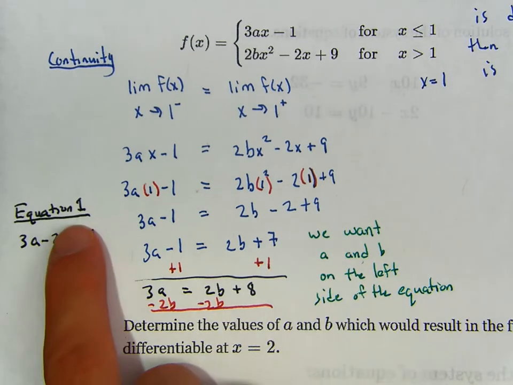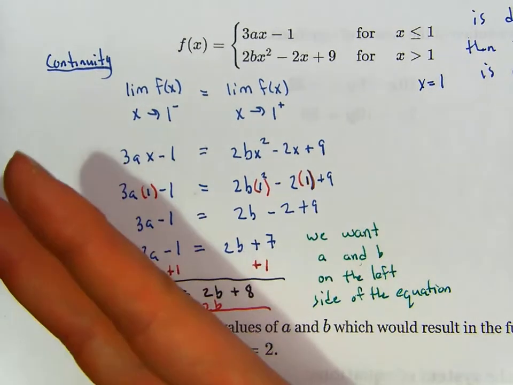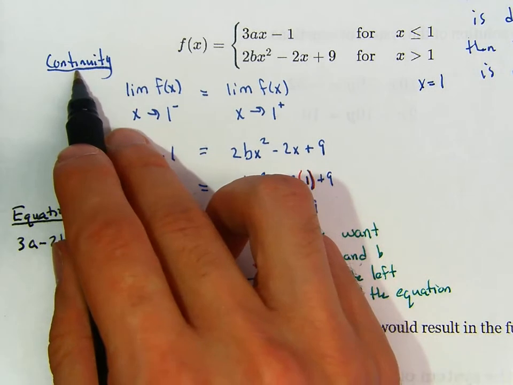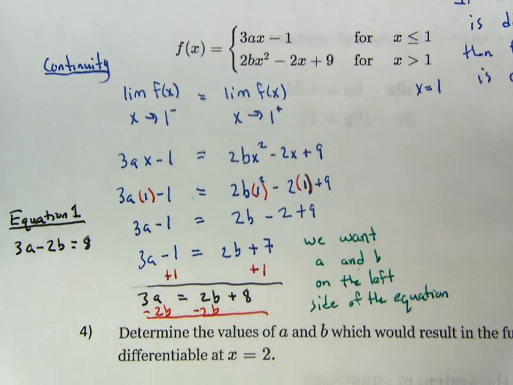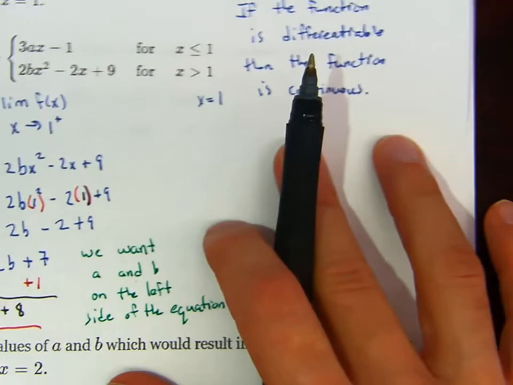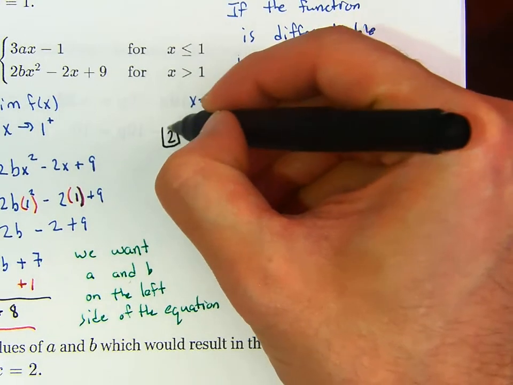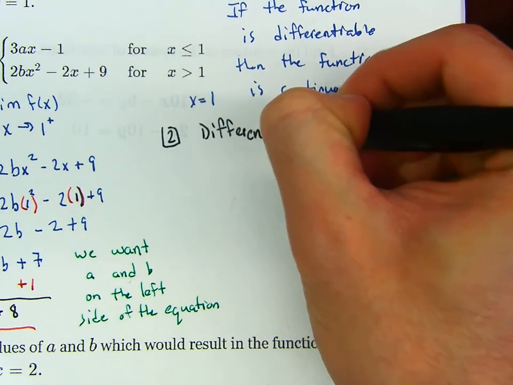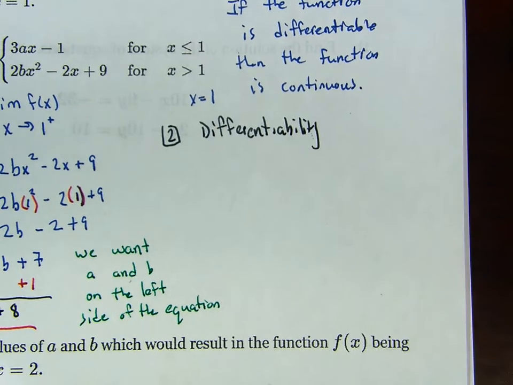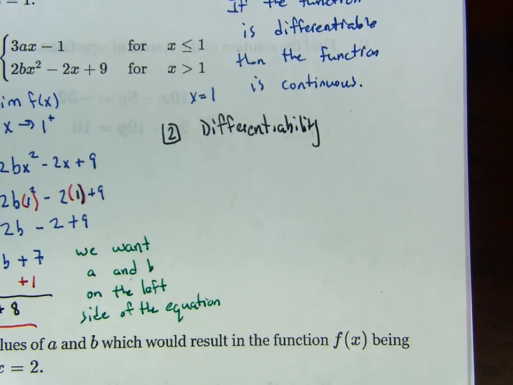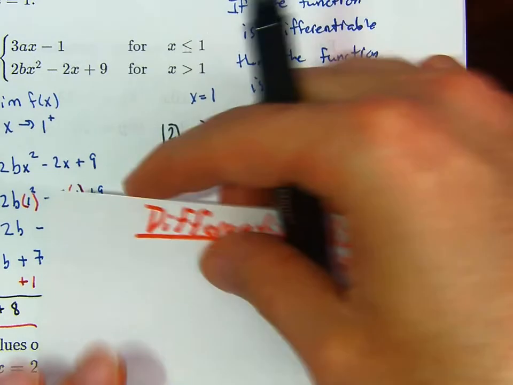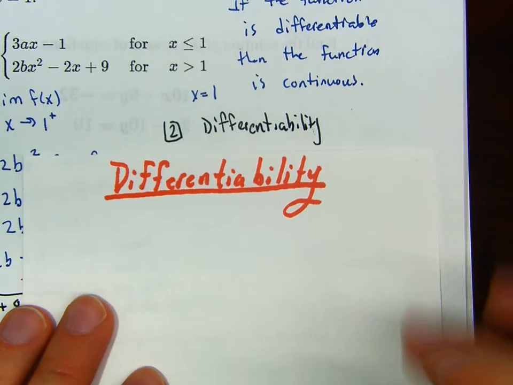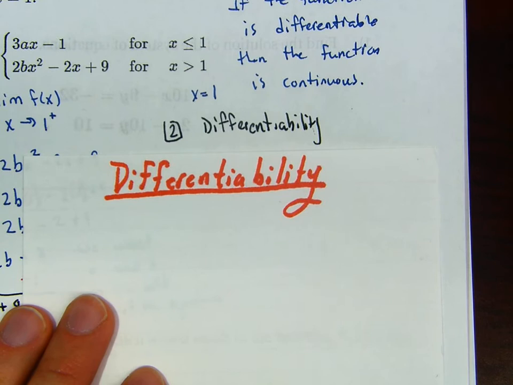Okay, so this is one equation. So now how do we get the second equation? We did continuity. Now we need to look at part 2, which is differentiability. What has to be true for this function to be differentiable? Let's take a look at differentiability real quick. What would be the definition for differentiability, if you wanted to pause the video?